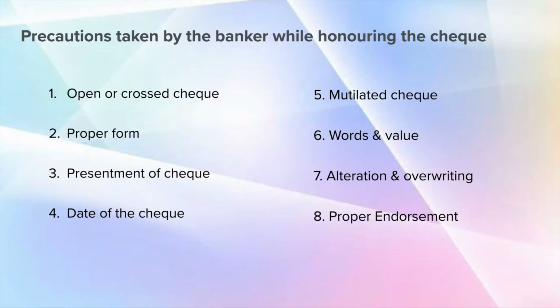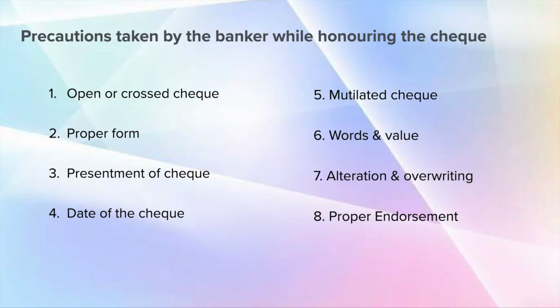Now let's understand what are the precautions to be taken by the paying banker while honoring the check. Here we have 8 different precautions to be taken. Today we'll be looking at only 4.